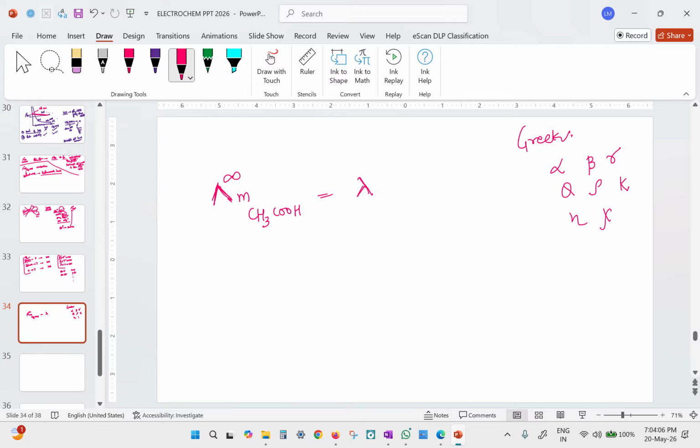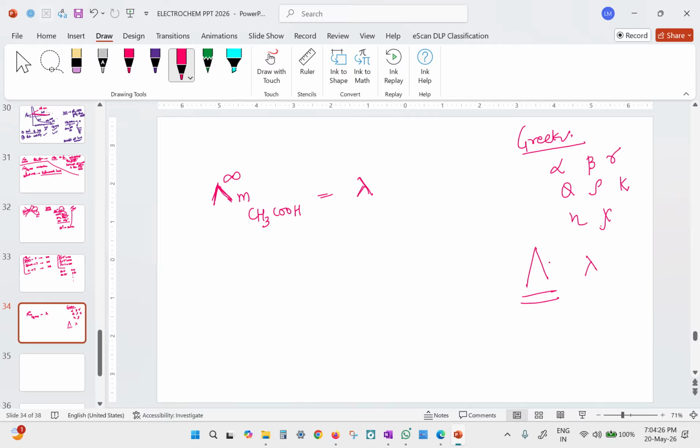Remember mole fraction chi, and delta. These are Greek alphabets. So in Greek, the lambda is this in small case, and in capital case, this is lambda. Got it?